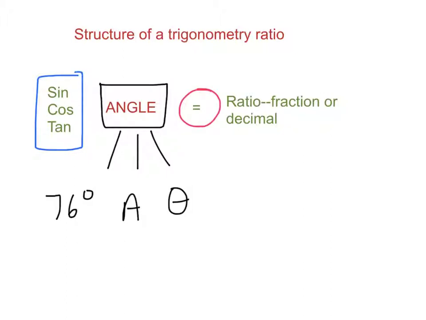It's equal to the ratio. Now the ratio might be a fraction, for example, 4 over 5, or a decimal. The decimal might be 0.345. We're going to talk in a minute about the values that these decimals can take on, but this is what every question should have: a trig ratio, an angle, an equal sign, and a ratio in the form of a fraction or a decimal.